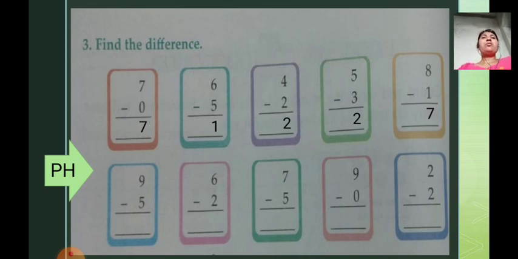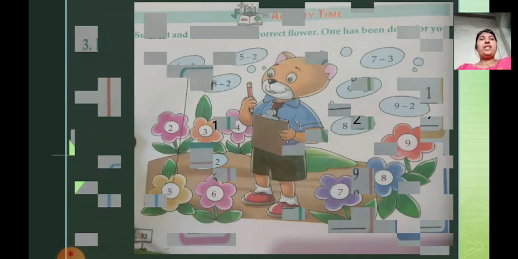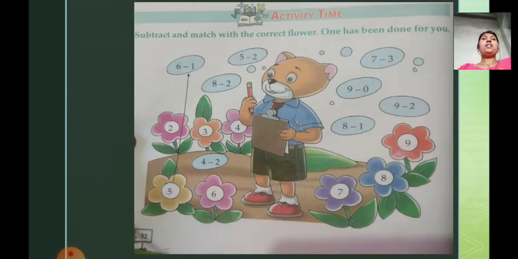Okay. Now students, below this exercise there is an activity given. Yes, activity time. Subtract and match with the correct flower. One has been done for you. Now what you have to do: some subtractions are given, and some flowers are given with some numbers.